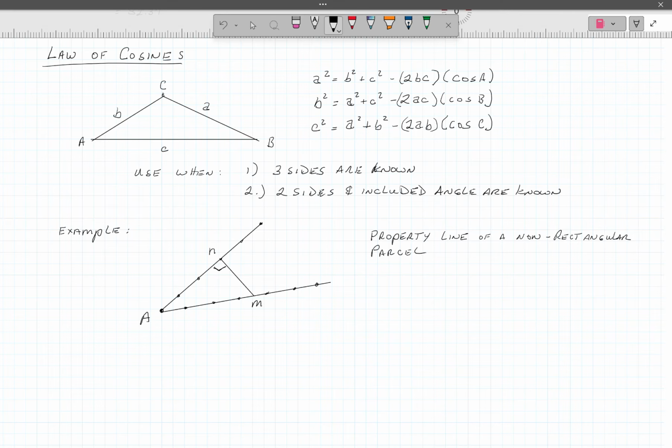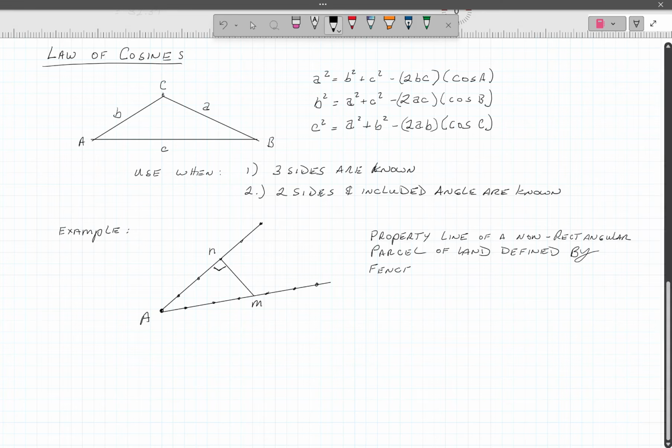Parcel is just referring to the land. It's the piece of property. Okay. Parcel of land defined by fences.